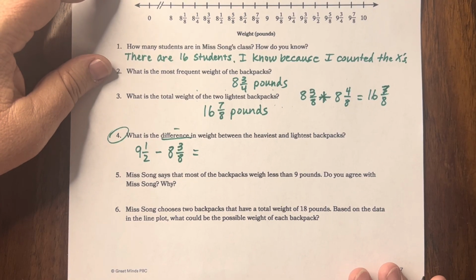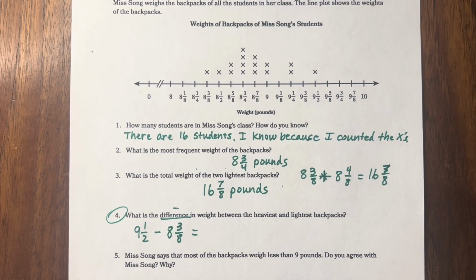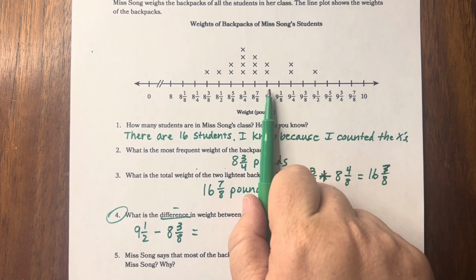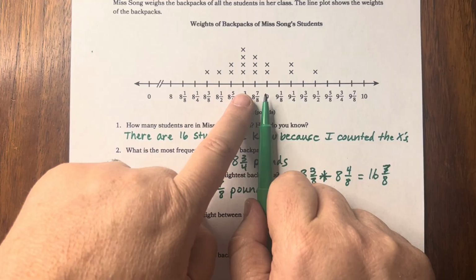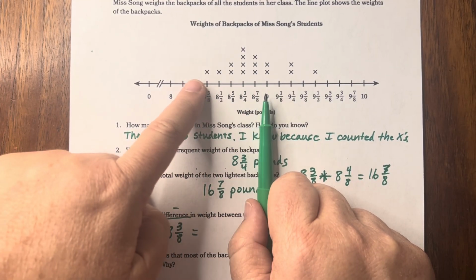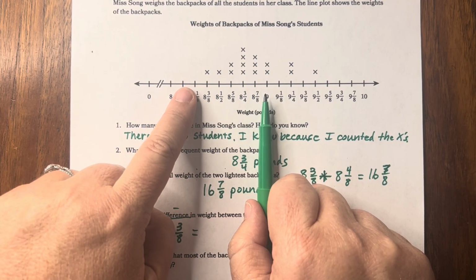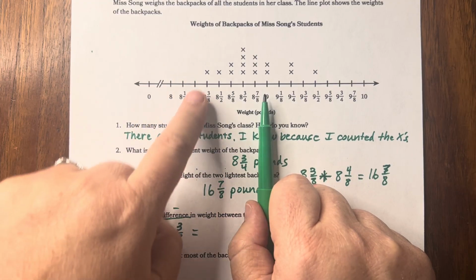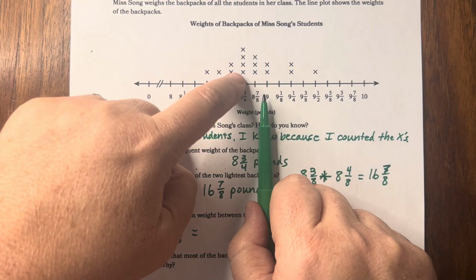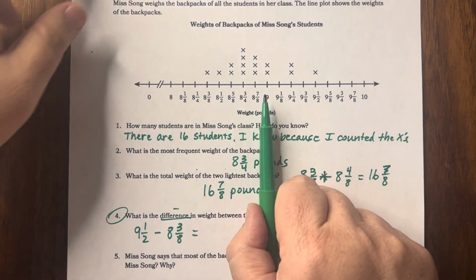Ms. Song says that most of the backpacks weigh less than 9 pounds. Do you agree with her and why? So let's go back up to here. Here is the 9-pound mark. And she says most of them weigh less than 9 pounds. So is she correct? Yes. How do I know she's correct? Well, let's see how many of these are. 1, 2, 3, 4, 5, 6, 7, 8, 9, 10, 11. 11 out of 16 weigh less.